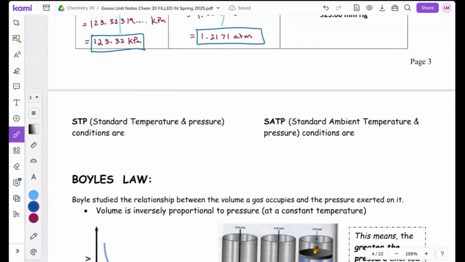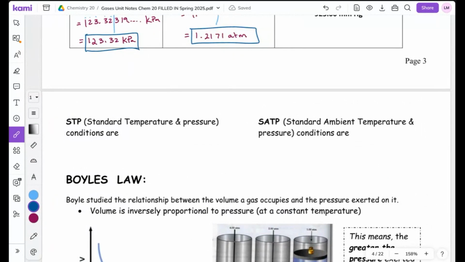All right. So you may have noticed some abbreviations when I showed you the Nelson periodic table before, but we'll go over these again. There are some abbreviations that you need to know because they're secretly telling you temperature and pressure conditions. The first one is STP, which stands for standard temperature and pressure.